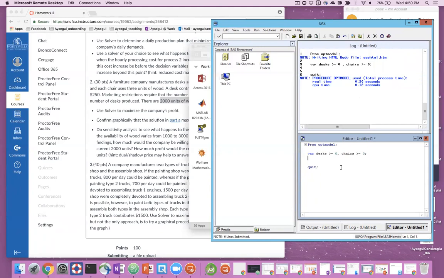The second thing to find is the objective function, and in this case, this is a maximization problem. We want to maximize the profit, which is the profit that each desk unit brings and the profit that each chair brings.